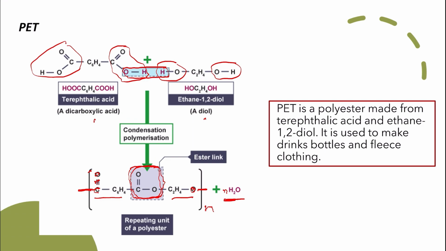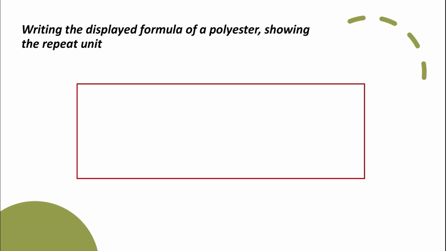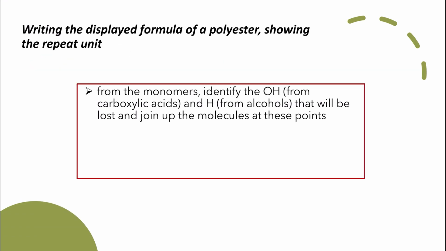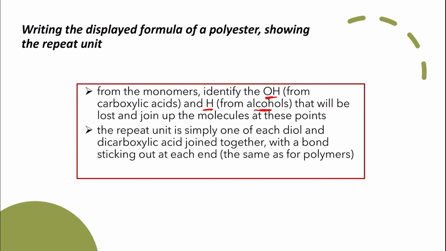On the other side, it's the oxygen from the alcohol on the other link. Don't forget to draw the ester link in between, and then draw the brackets and put the letter n, which means this is the repeated unit, repeated n number of times. And don't forget to also draw the small molecule, which is water. So we're going to have n number of water molecules that are released.